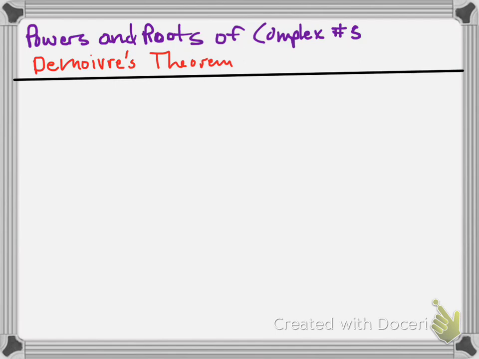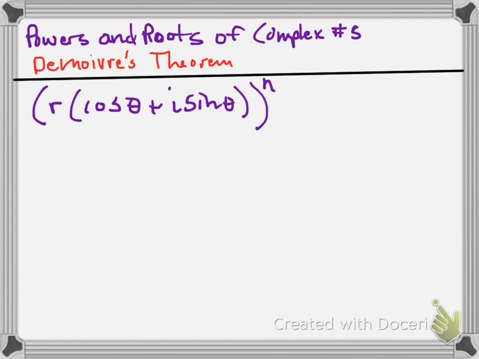So here's De Moivre's theorem. It's already on the board on our anchor chart up here. If we have a complex number in polar form, r times cosine of theta plus i times the sine of theta, and we raise that to a power n, that n can be any rational number. It may work for irrational numbers. I haven't really put that theory to the test. I don't know the intricacies behind what n has to be.